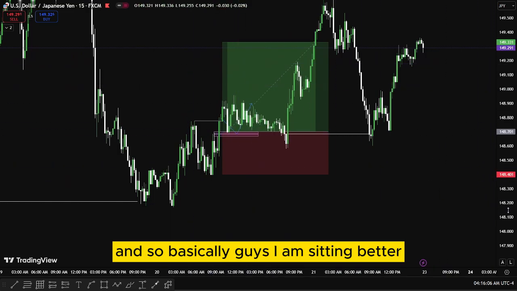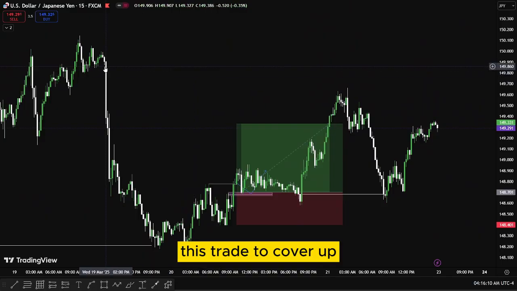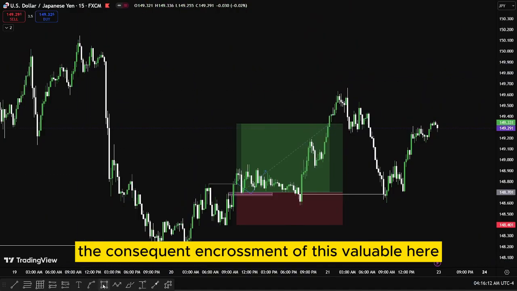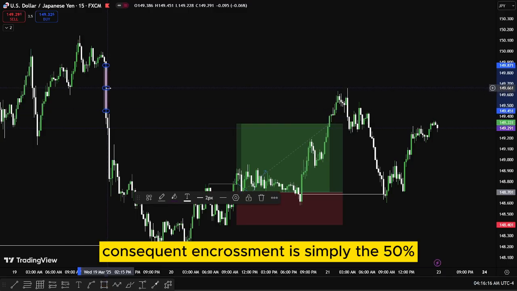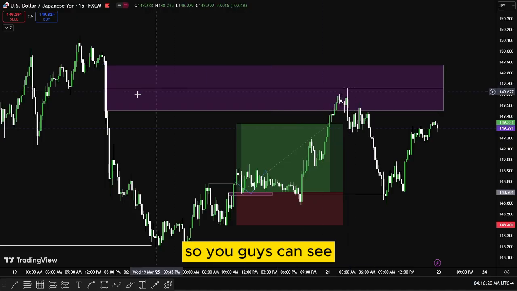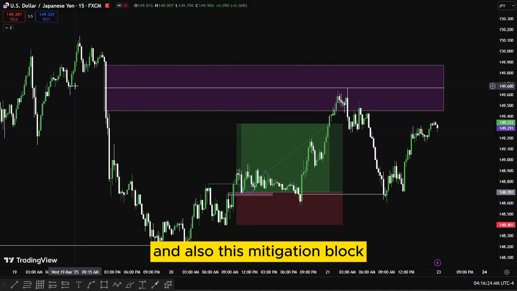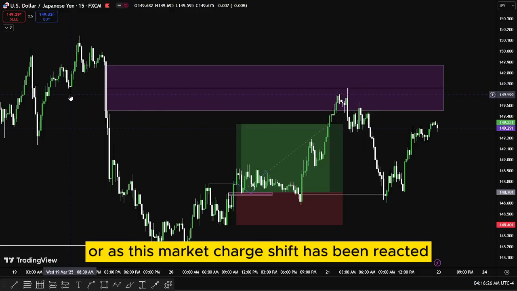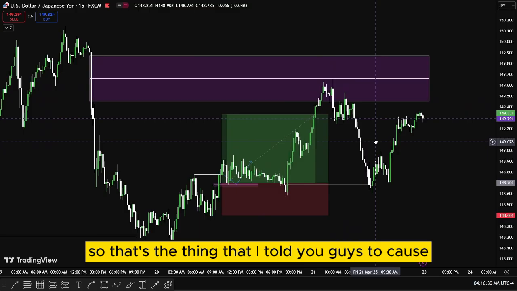Basically, guys, I anticipated this trade to cover up the consequent encroachment of this fair value gap over here. Consequent encroachment is simply the 50%. You guys can see the 50% of the fair value gap has been successfully filled, and also this mitigation block, or this market structure shift, has reacted. That's the thing that I told you guys.